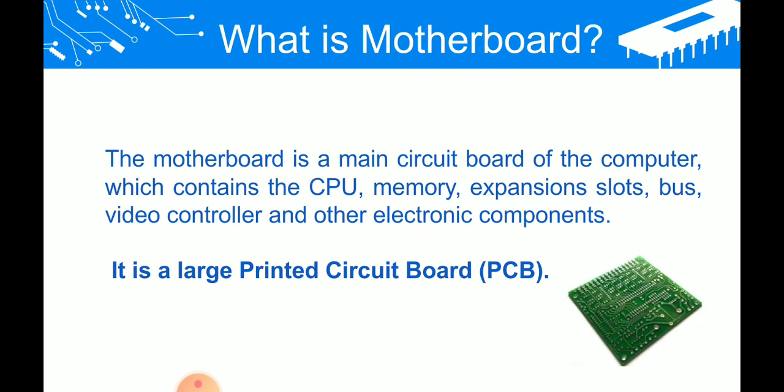Various electronic components such as processor, memory chips, interfaces, various ports and all expansion cards are mounted on the motherboard. The motherboard connects all the components of a computer, that is RAM, hard drive, disks, optical drives and all other components are plugged into the interface on the motherboard.